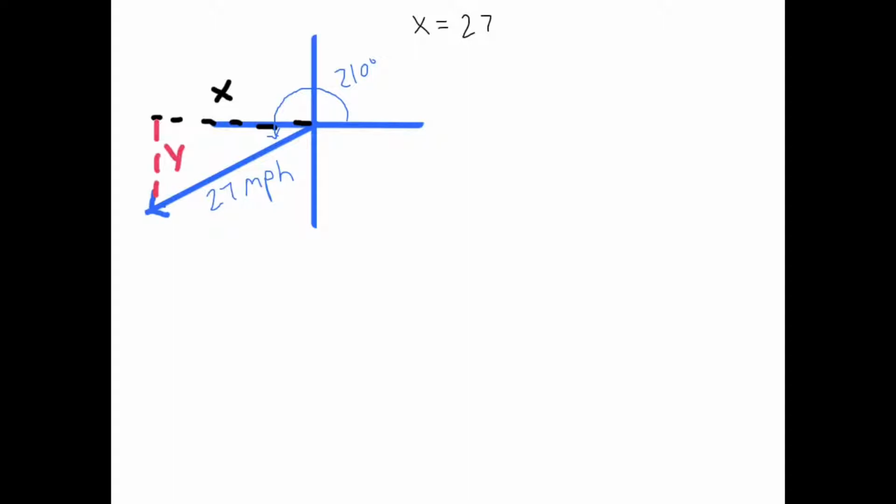So we need to multiply that speed by a given time, right now we will call it t. So x equals 27 miles per hour times t times the cosine of 210.